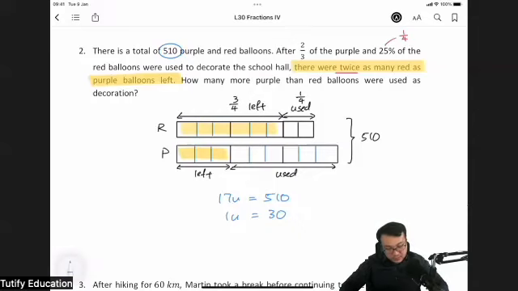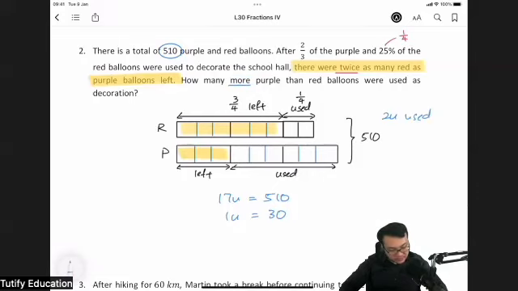So now they are asking you, how many more purple balloons than red balloons? So they're asking you how many more were used, right? Can you tell me how many units were used for the red balloons? 2 units. Correct. 2 units were used for the red balloon.